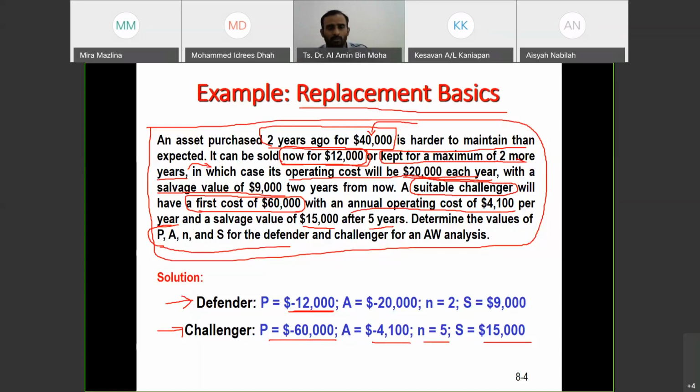So this is the first step, we should be able to pick the right information. If you accidentally take N as this 40,000, it's going to mess up your calculation later on. So this is the basic example for us to identify P, A, N, and S.